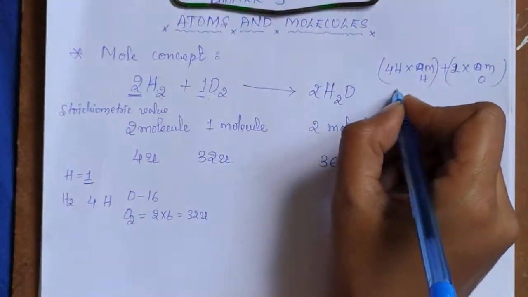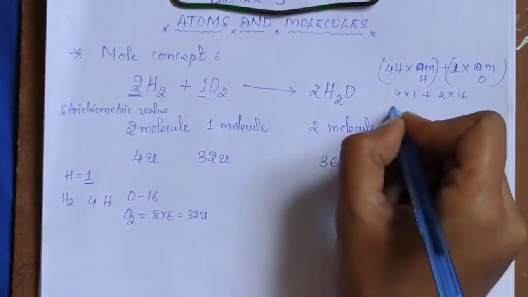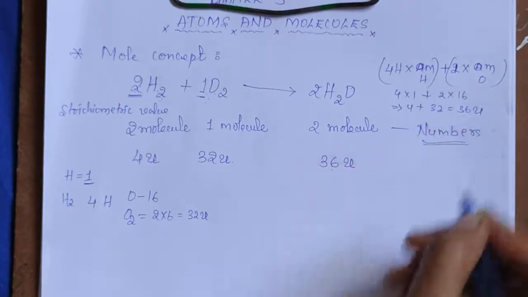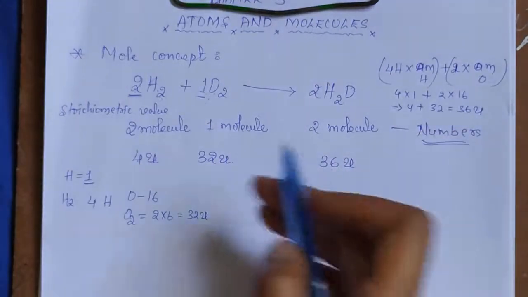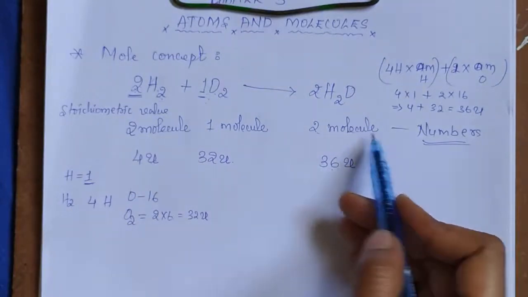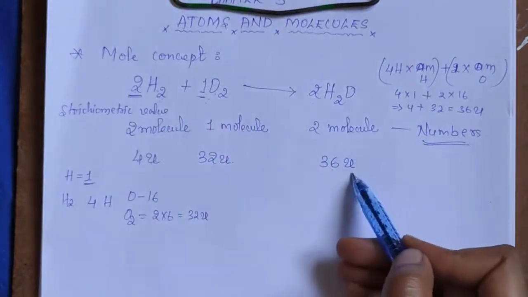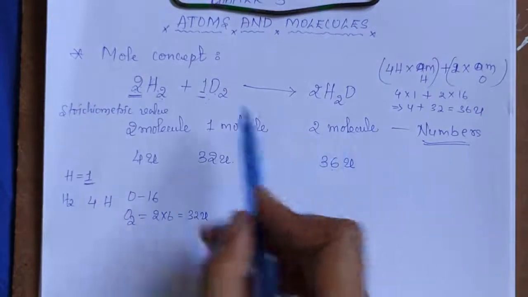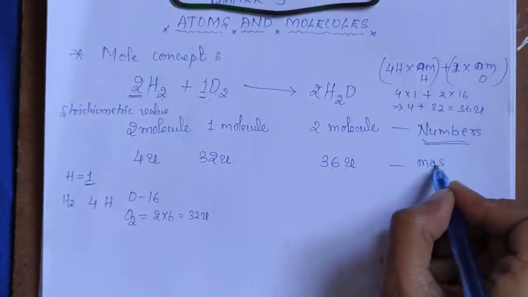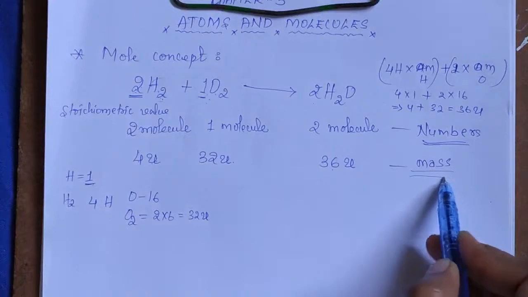So 4 into 1 plus 2 into 16 becomes 4 plus 32, which equals 36 atomic mass units. In the first case we expressed the quantity of reactants and products in terms of number. In the second case we are characterizing the quantity of reactants and products in terms of their mass.